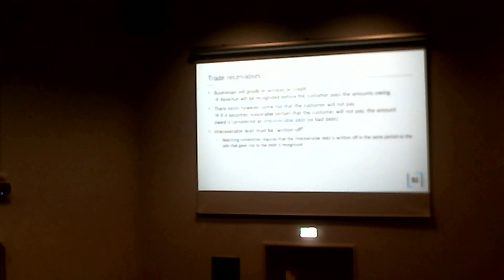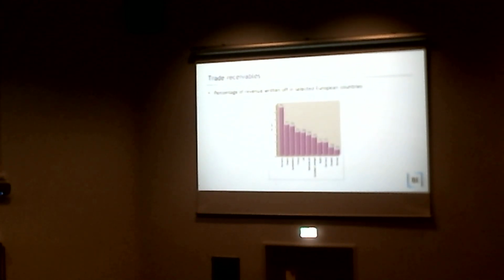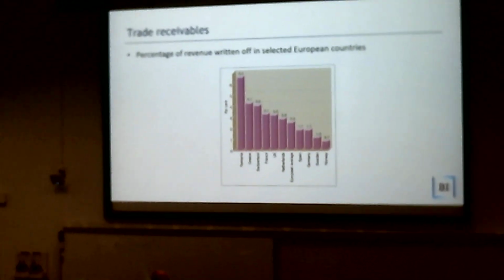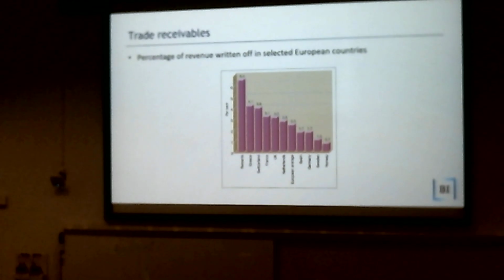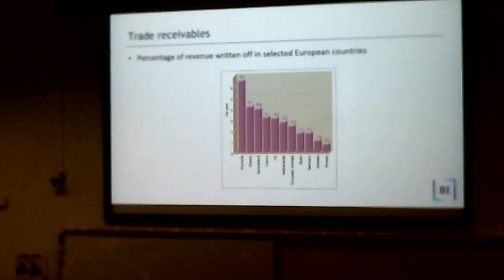So we somehow need to deal with this risk. And how this is addressed is by using experience values. These are just some values from the textbook, where you see how often this needs to be done to write off such trade receivables. Here in Norway it basically never happens that your customers do not pay, so it's very secure.